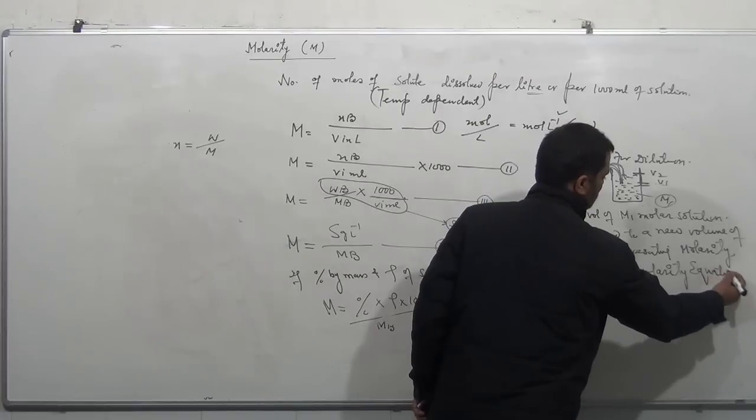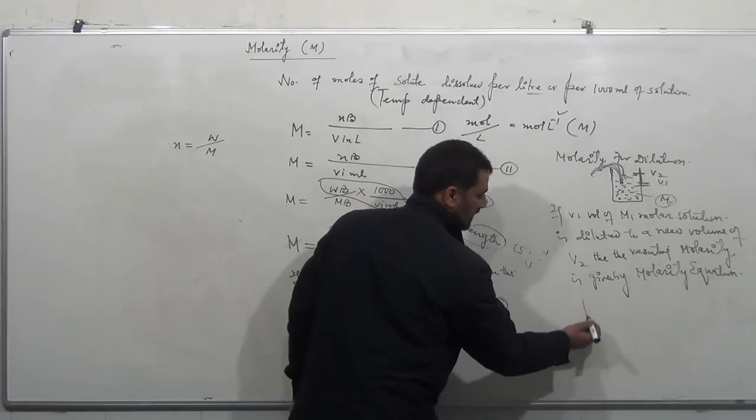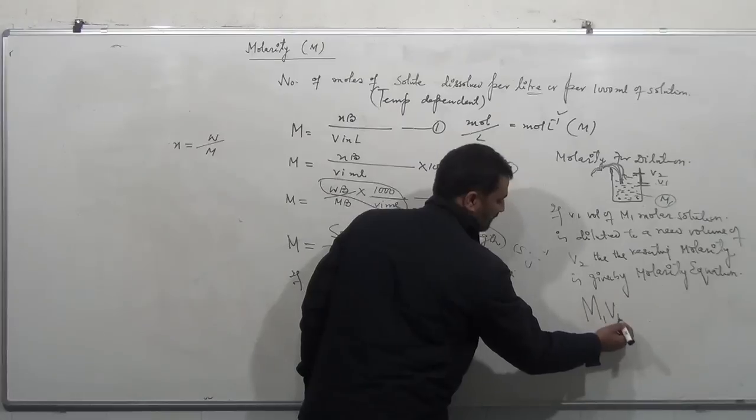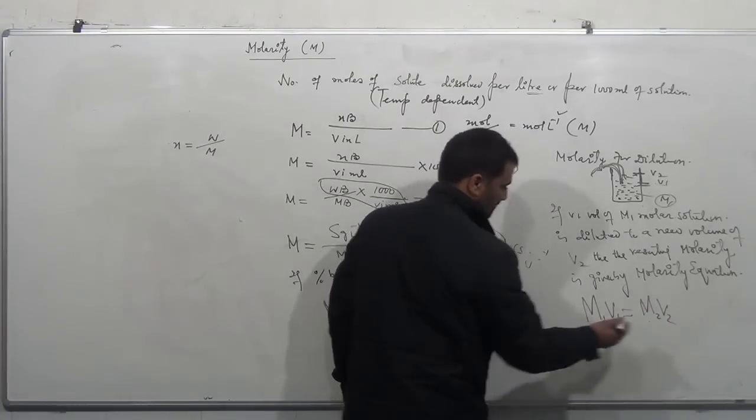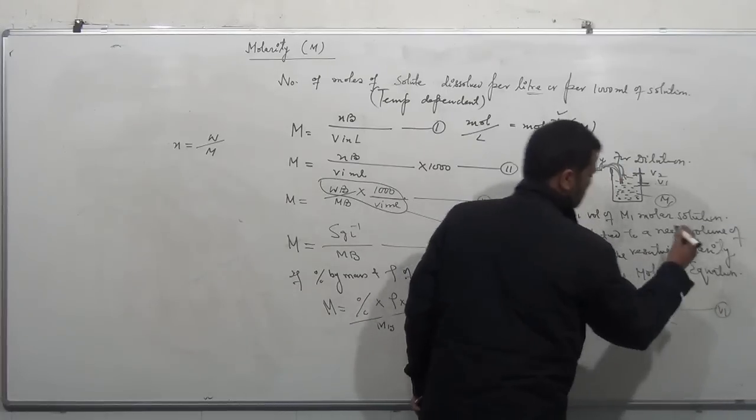So it is given by the molarity equation, that is M1 V1 is equal to M2 V2. This is equation number 6.